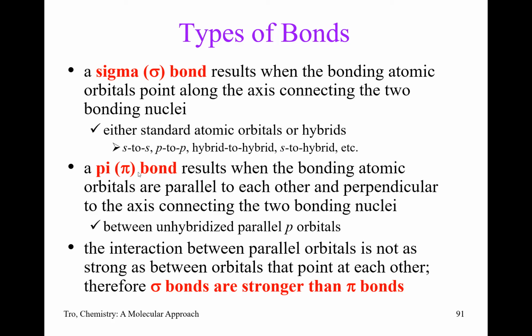The pi bond is what makes multiple bonds. So a double bond is not 2 sigma bonds. What a double bond is, it's 1 sigma and 1 pi. And we saw this energetically, where a double bond was not energetically worth what a single was times 2.